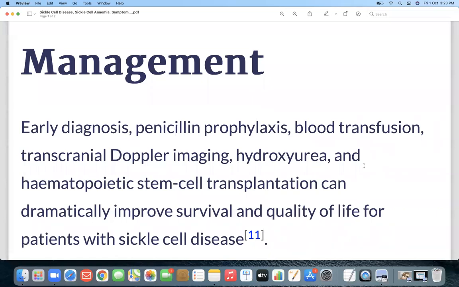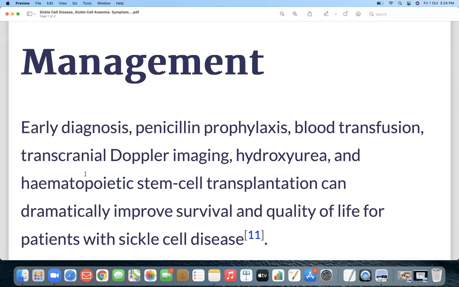So if you have to list the management, these points have to be listed. Early diagnosis. For early diagnosis, they are doing neonatal blood sampling, the spot test.